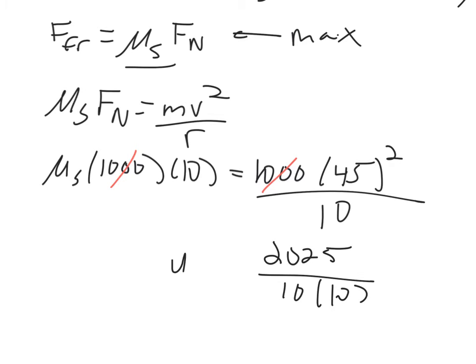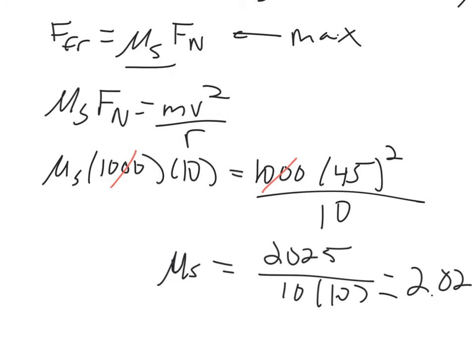So mu sub s is equal to 2025 divided by 100, which is about 20.25, which is massive. I cannot think of a single car or any sort of tire that could make this turn at this speed. That is an excessive mu sub s.